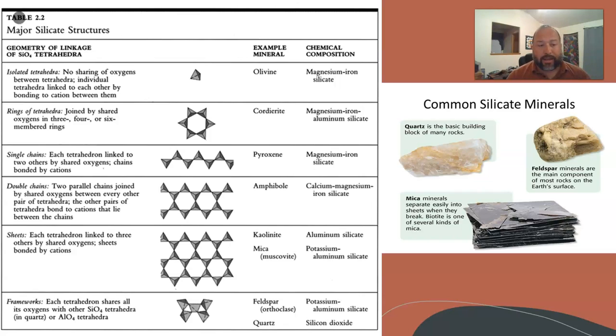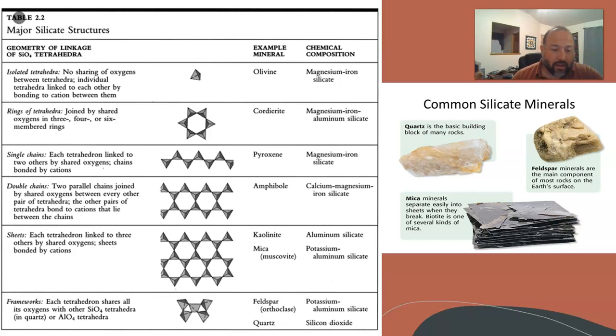We have rings of tetrahedra, and cordierite would fall in there. You can have single chains like pyroxene. You can have double chains, amphibole. You can have sheets, which are going to be clay. Clay falls into the sheets category, so you get things like kaolinite and mica, which is from muscovite, that we'll talk about when we get into clay.